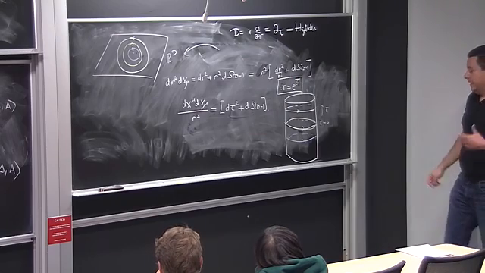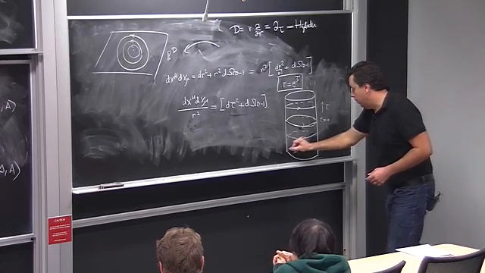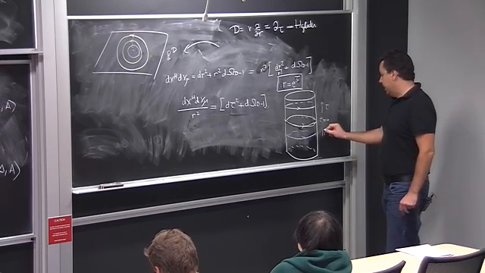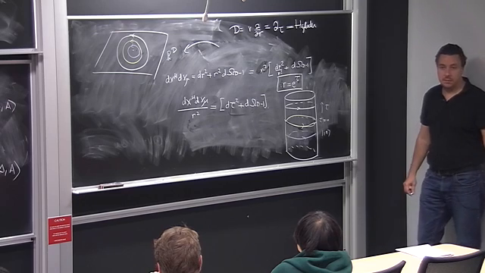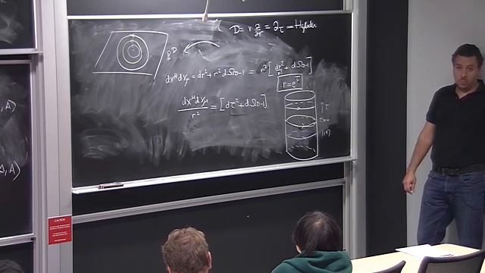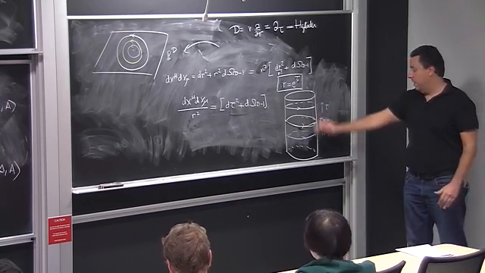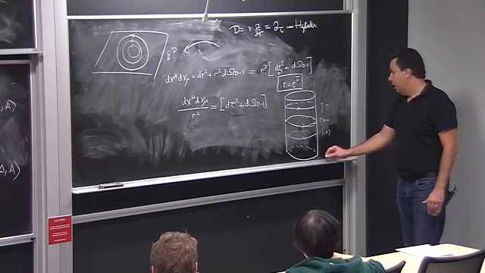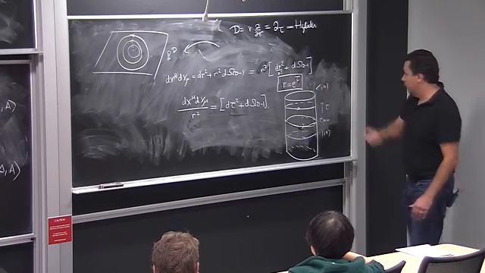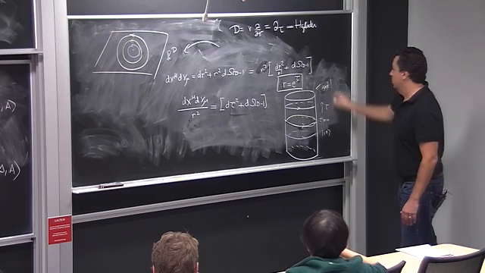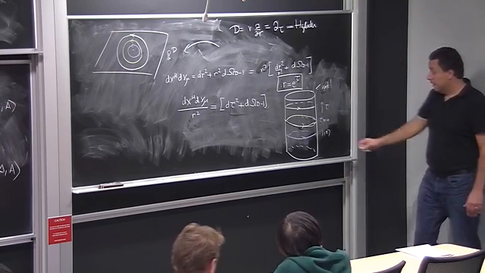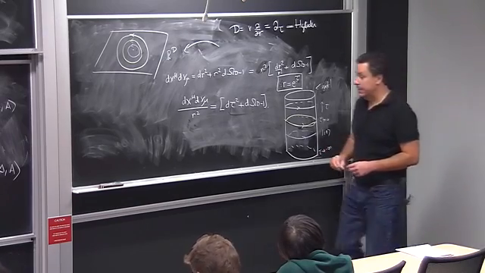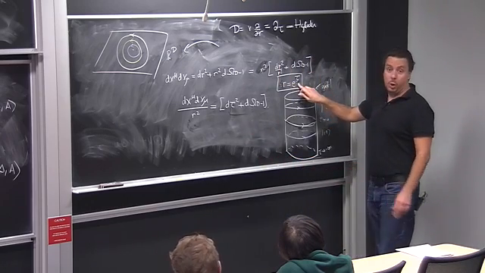Okay. And then here you can already see some things that are important for the operator state correspondence. Typically, you want to construct in-states. So these are states that come from the infinite past. In particular, if you want to go all the way to minus infinity, you can have a wave function coming from minus infinity that goes to the infinite future. Here at tau goes to minus infinity, this wave function is represented through this map to a point.